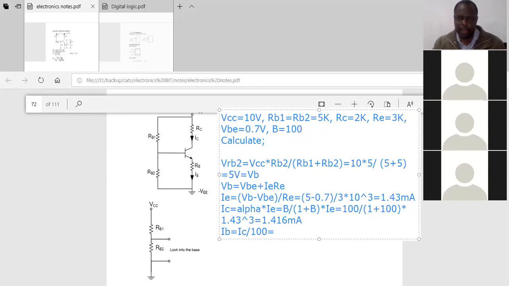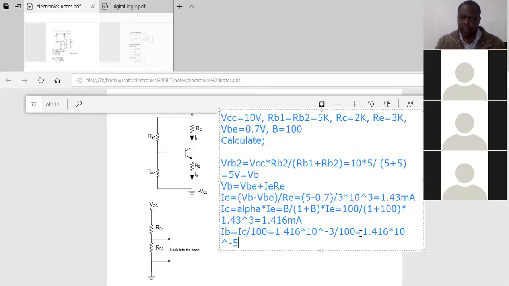So if you take the actual value of IC and divide by 100, then since milliamperes is times 10 to the power negative 3, this comes to 1.416 times 10 to the power negative 5. That will be the result.